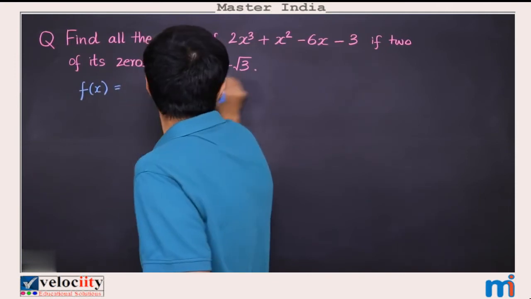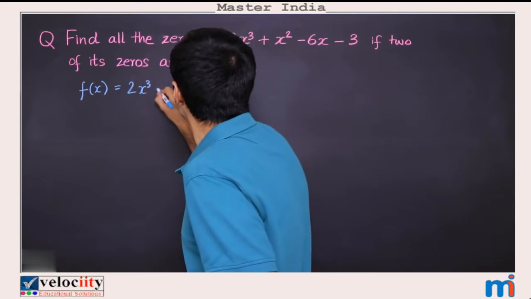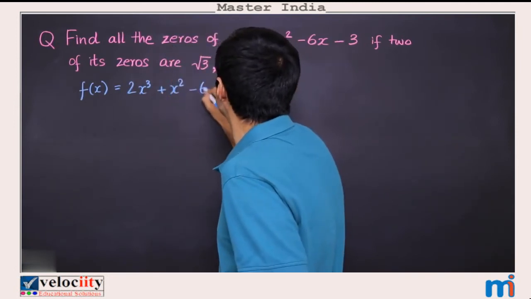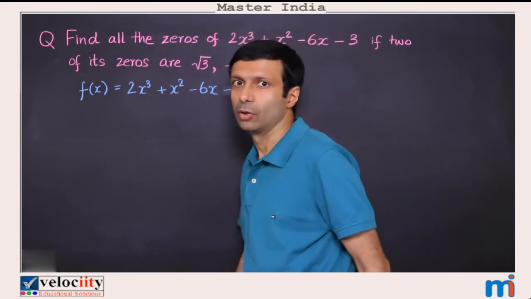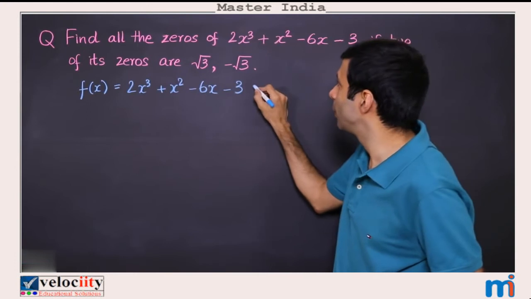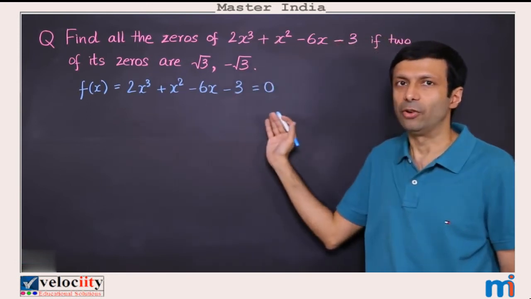So let's say the polynomial fx is 2x cube plus x square minus 6x minus 3. Okay, and since we want to find the zeros of the polynomial, we are going to equate the polynomial as 0.